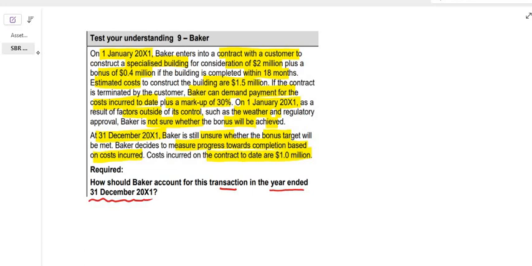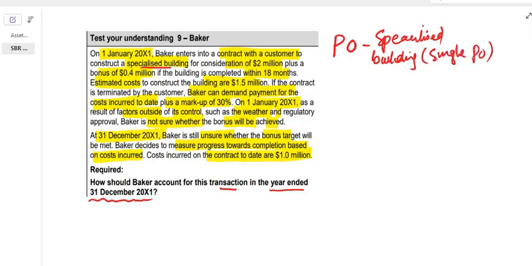So the question is how you will recognize the revenue for company B in a situation like this. The first thing you have to know is that here is a specialized building. This means that your performance obligation is a specialized building, and this is a single performance obligation.